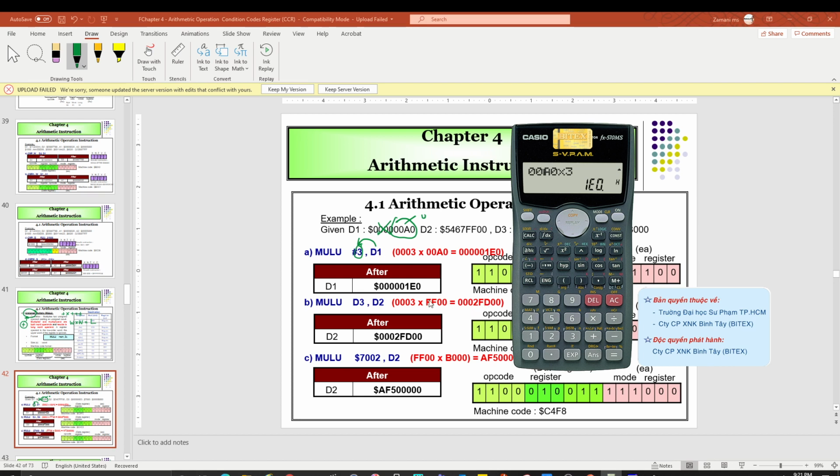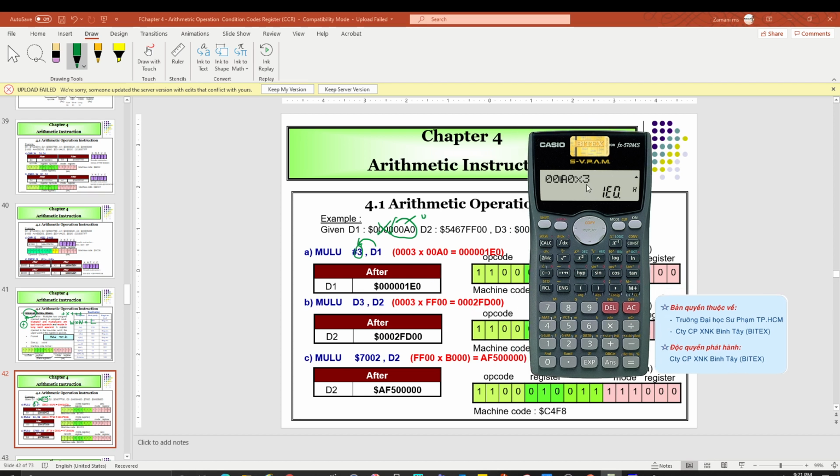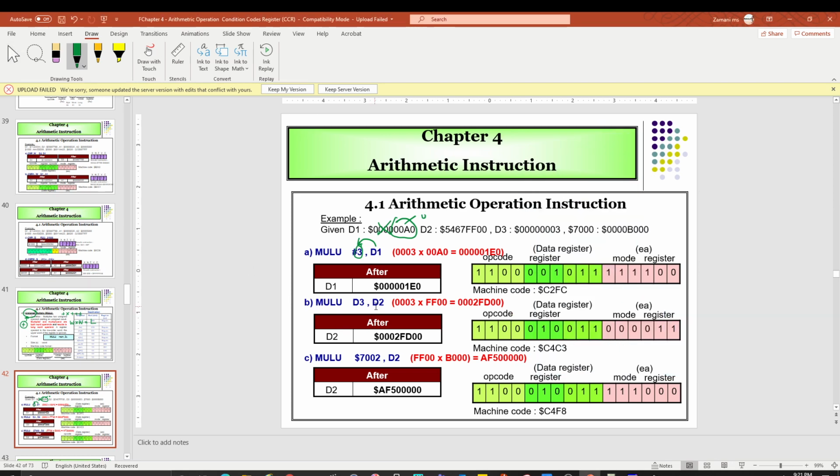Okay, next one, D2 times D3. D2 is given as this one, FF00, and D1 is given 00A0. So let's try D3, D3 is given 003.